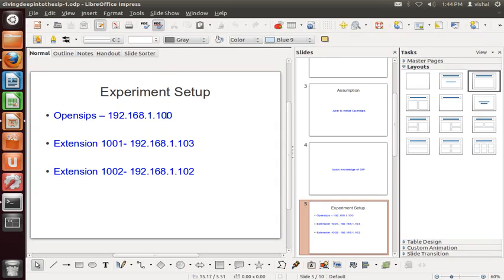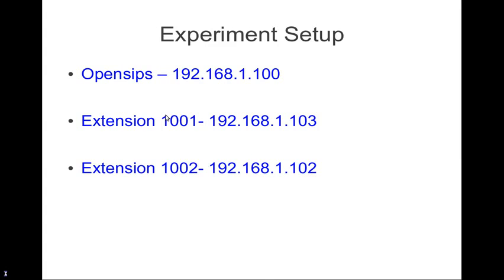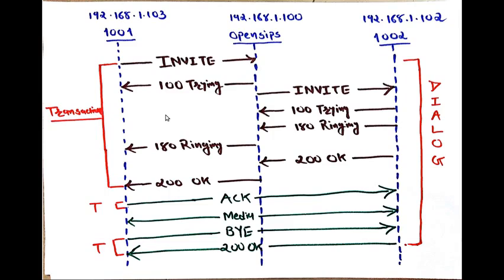again I will open the PPT, and yes, this is our basic call flow. What we will do is we will register these two extensions on two different machines. I will register 1001 on my Windows laptop and 1002 on my Android phone.